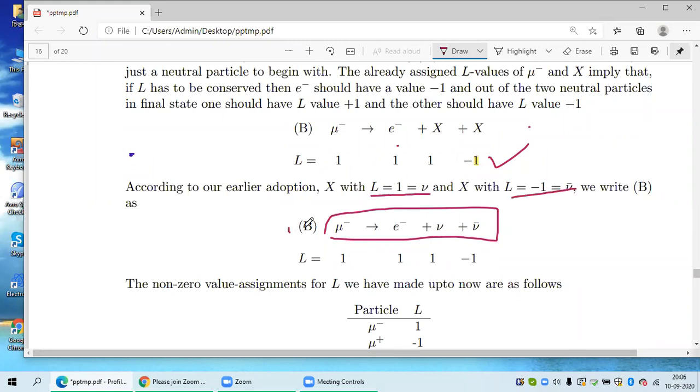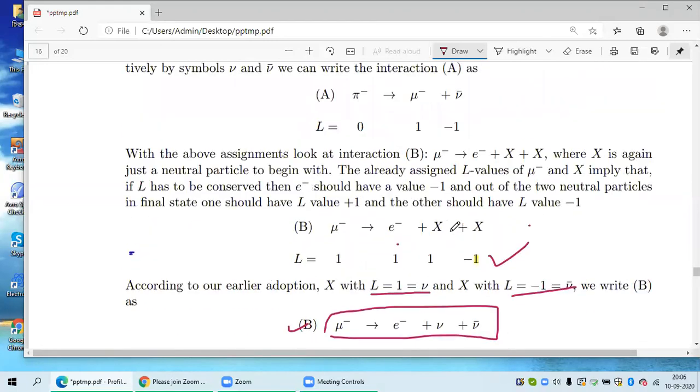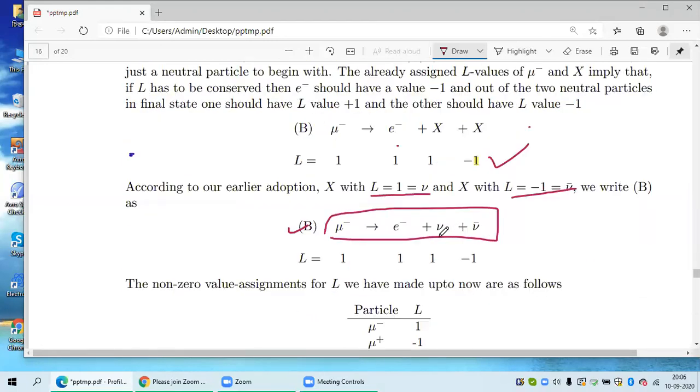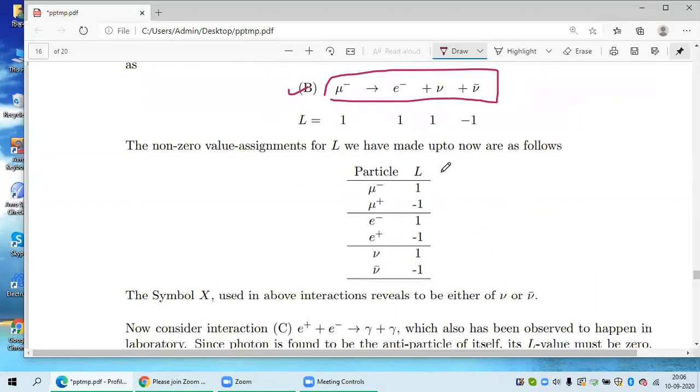Now we can rewrite A and B, dropping X, in terms of nu and nu bar, where nu and nu bar are antiparticles of each other. As we go on, we will see that again there is a problem with this. This is not the antiparticle of this, later we will see. But up to this point, what we get is this.